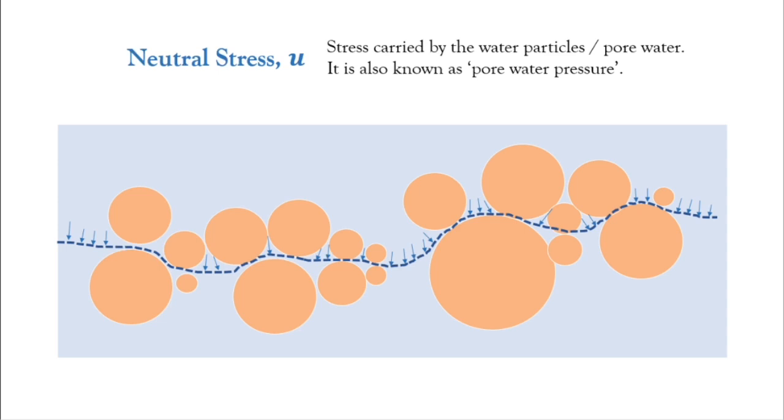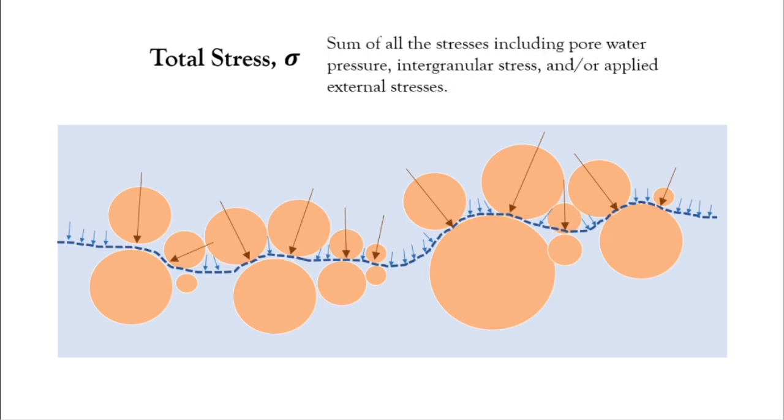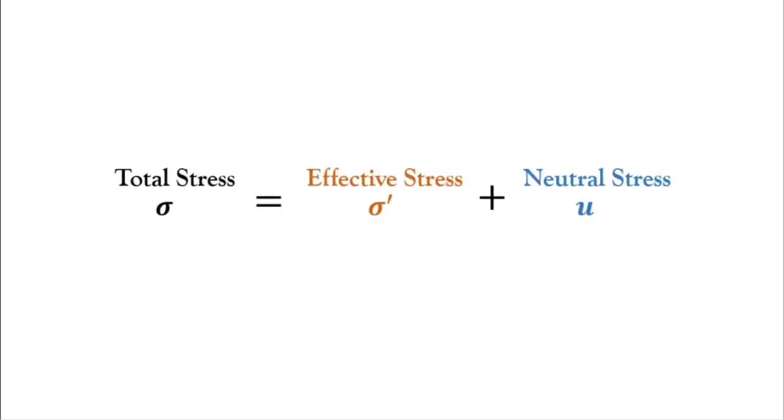Summing all these stresses acting upon the section gives us what we call the total stress, sigma. Total stress is the sum of all the stresses, including the pore water pressure, the intergranular stress, and/or the applied external stresses. So by expression, total stress is equal to the effective stress plus the neutral stress.